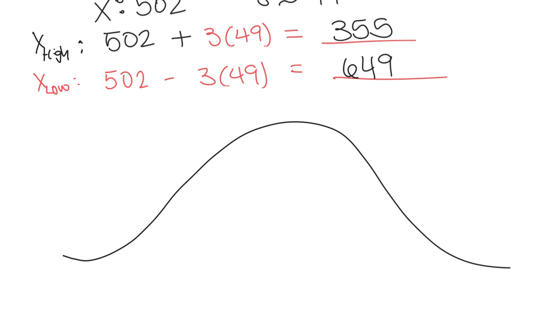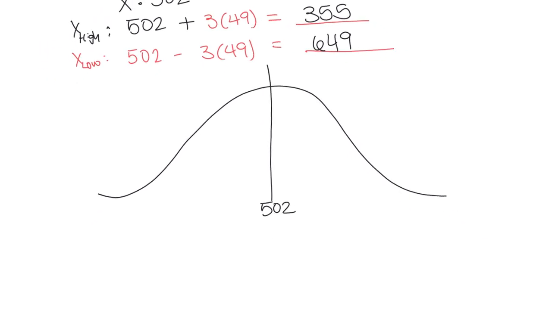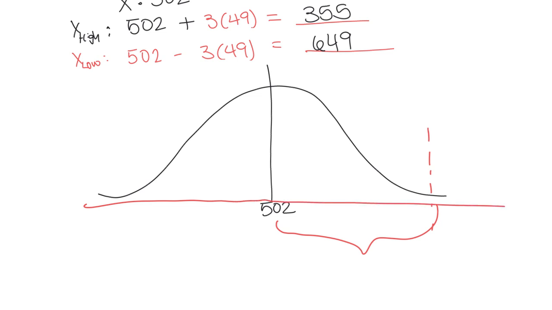Okay, so here's my average. My average is 502. For my standard deviations, we're talking about 3, so about right here, 3 standard deviations. So let me draw a line here. 1, 2, 3. And then this would be 49.